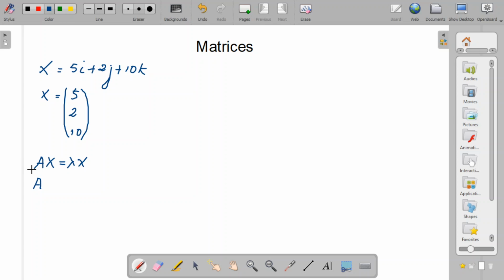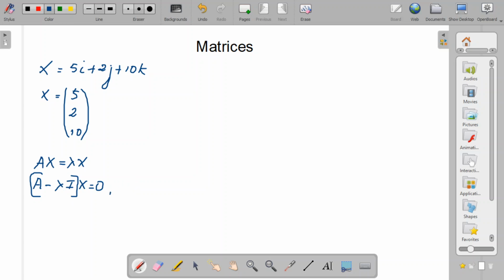A is a matrix, right? So lambda is a constant, so I want to make it a matrix. So what I do is I can consider this lambda as multiplied by I, where I is an identity matrix. That is, I can write this as A minus lambda into I, into x equal to 0. That is no problem.